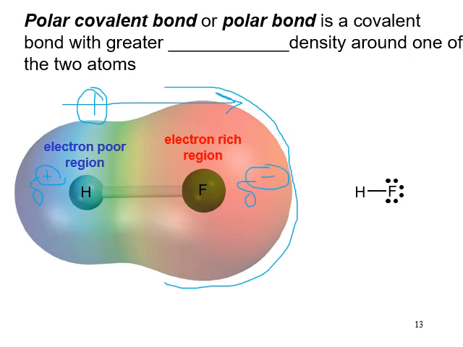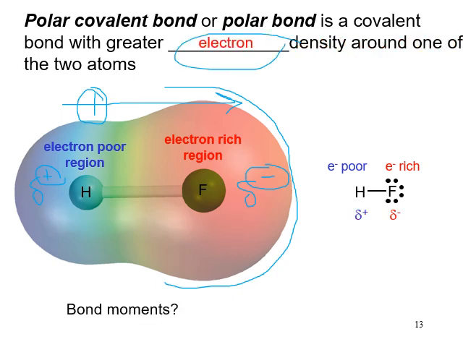Electron-rich means negative. And you'll see that on the Lewis dot structure on your right. Partial negative, partial positive. There's our electron density. For bond moments, I ask you in the fun sheet later on to draw bond moments. I just drew a bond moment for you on this molecule up here. So bond moments are dictated by which atom is more electronegative.